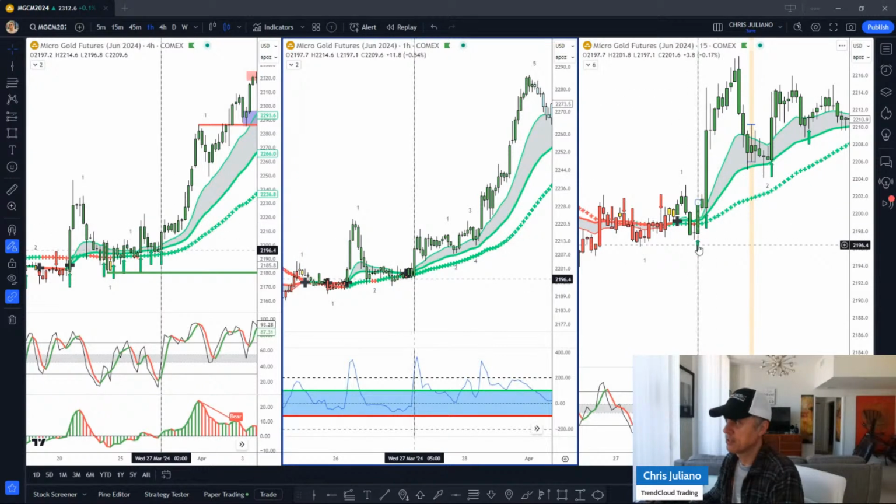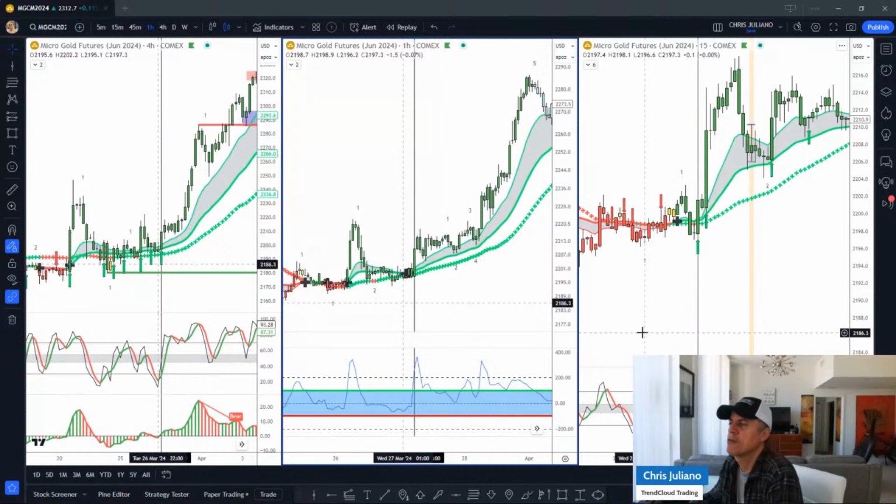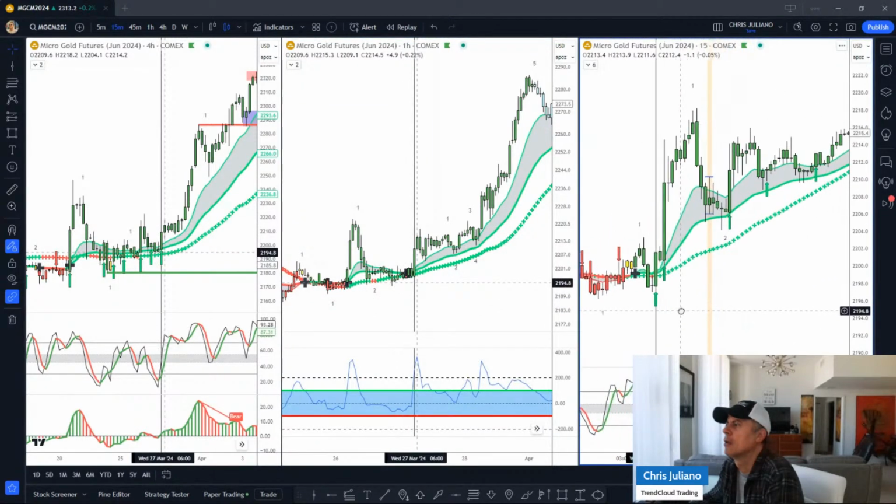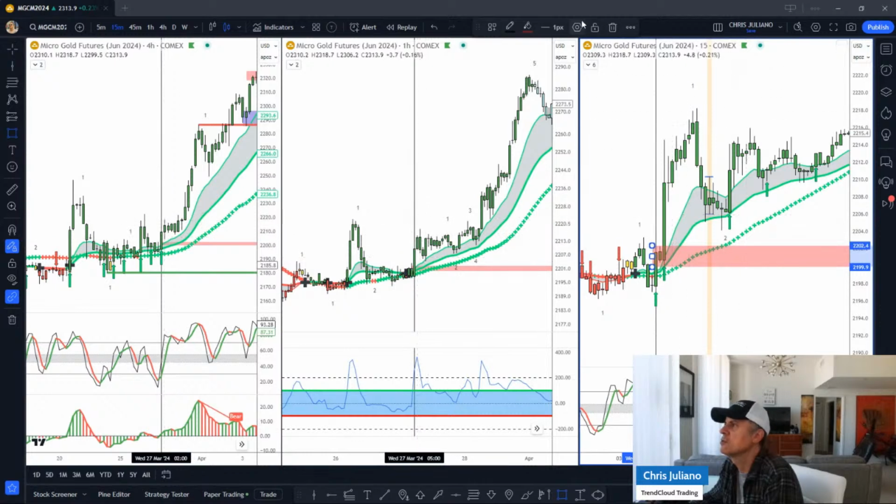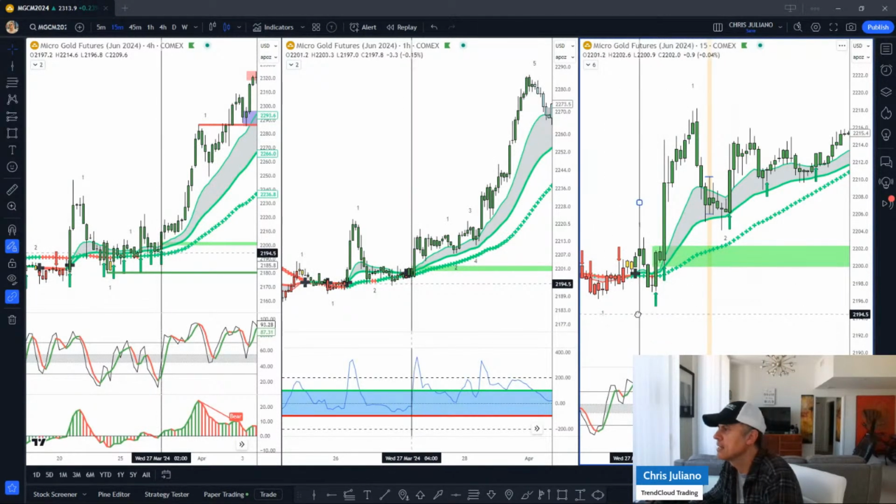15-minute trend cloud signal, once, twice, 3 times, okay? Right here, we've got a demand zone on there. Doesn't look like anything pulled back to it, but we've got the trend cloud signals here, right?